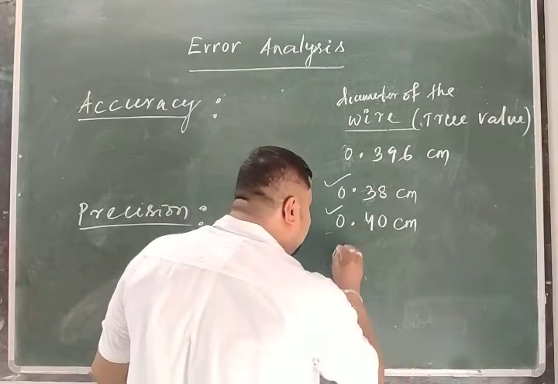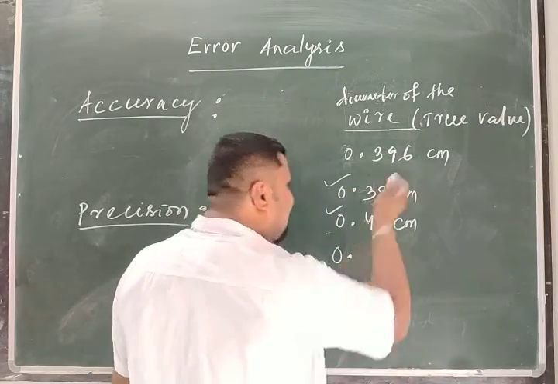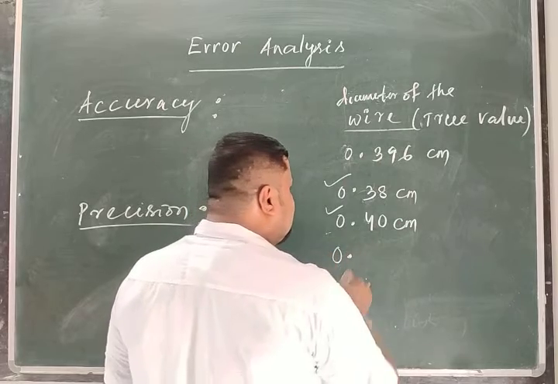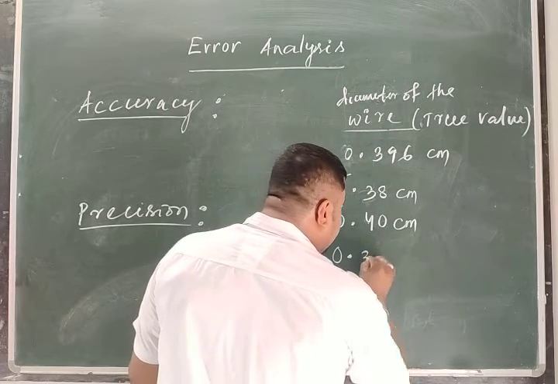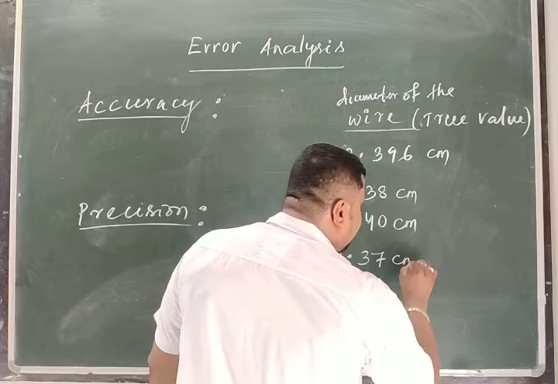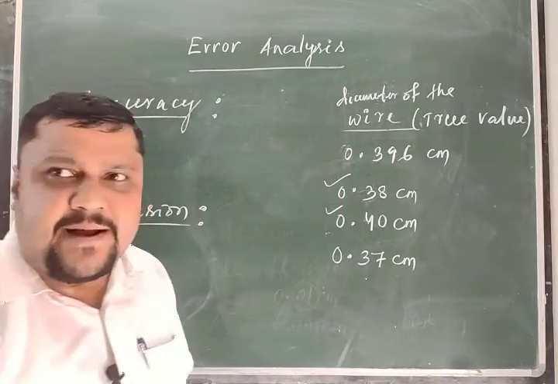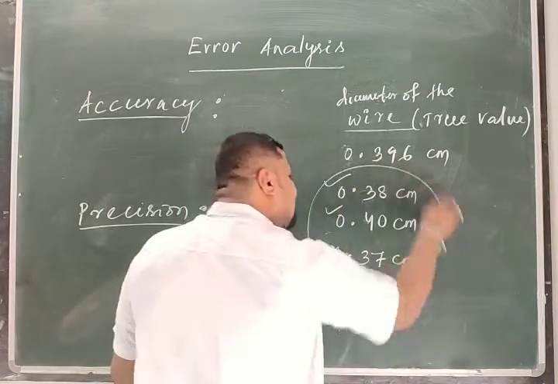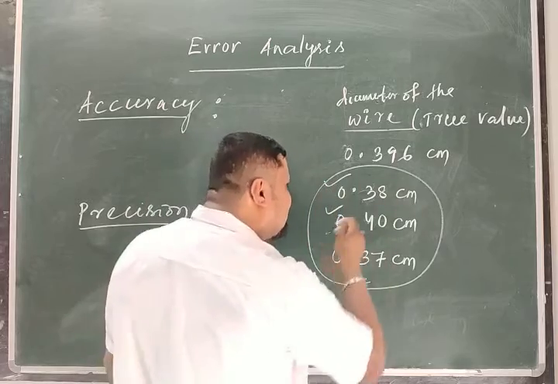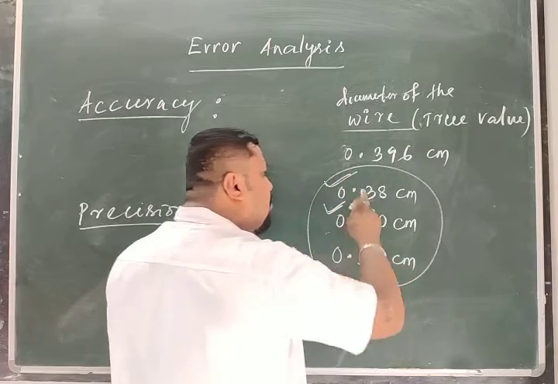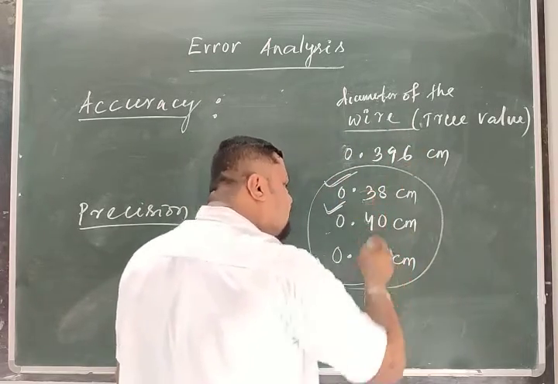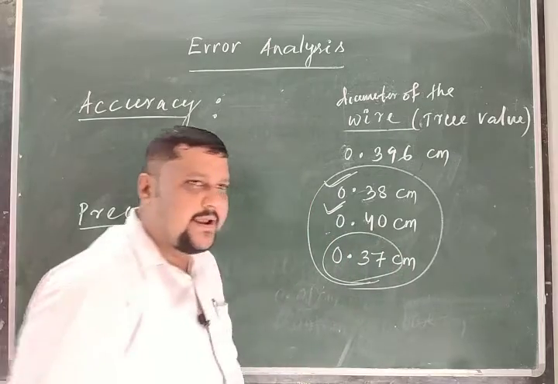Suppose I measure again and get 0.37 cm. Compared to these, two are more accurate, but this one is not as accurate.